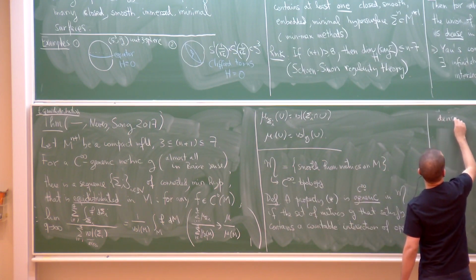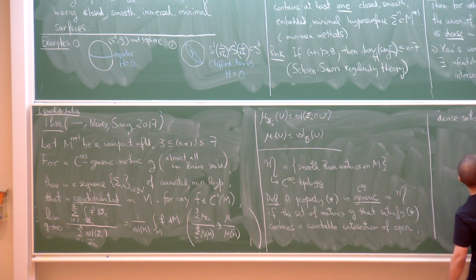So an intersection like this, where each G_i is open and dense. This is what it means to be generic.